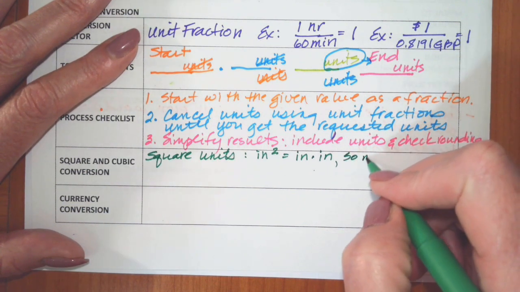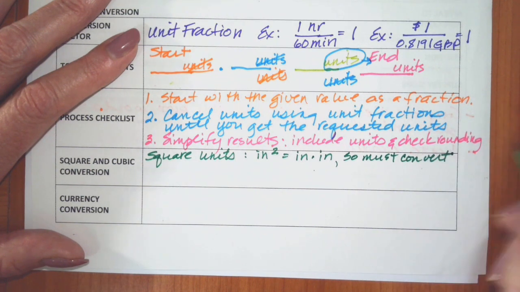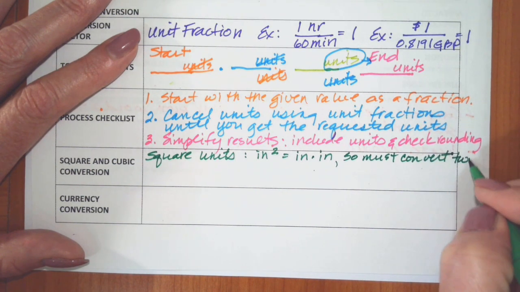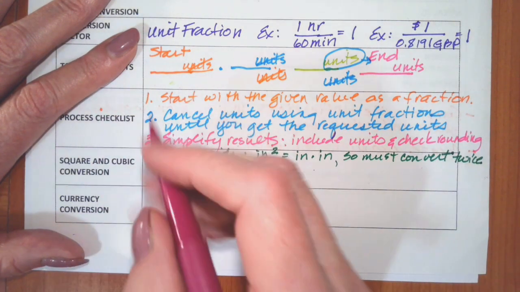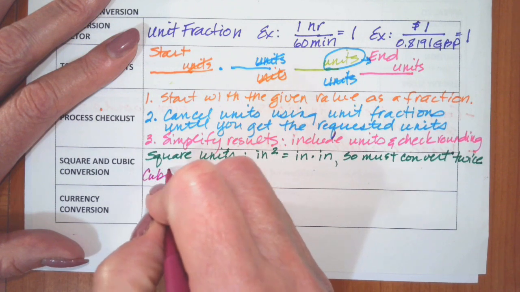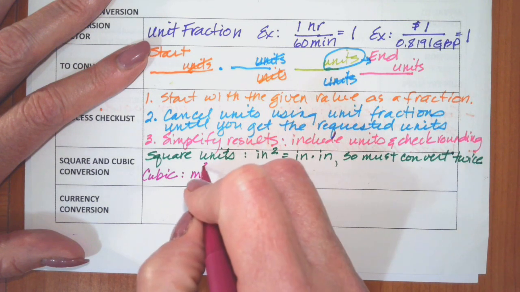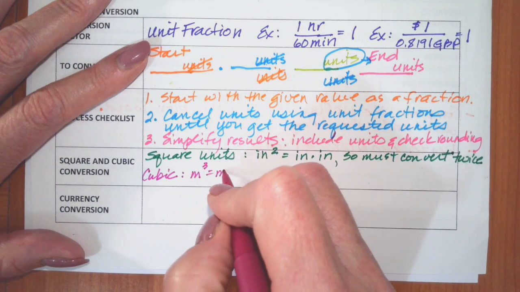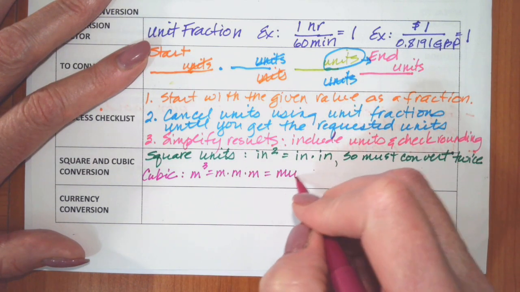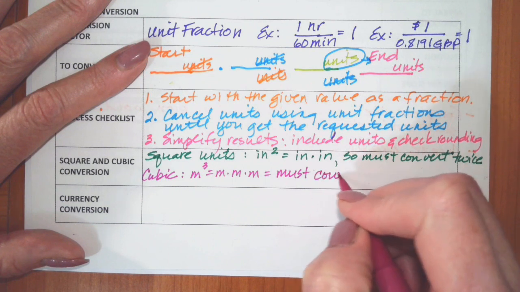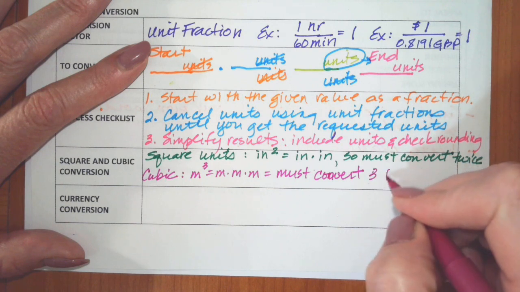So you must convert twice. If you're dealing with cubic, for example, cubic meters, that really means meters times meters times meters. So you must convert three times.